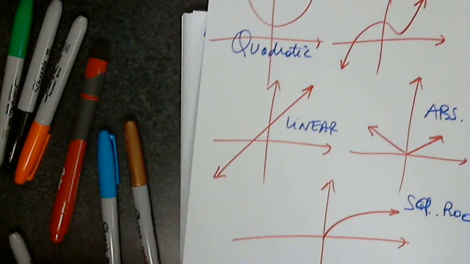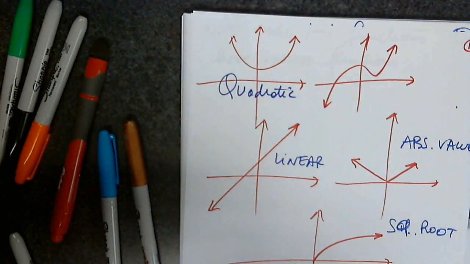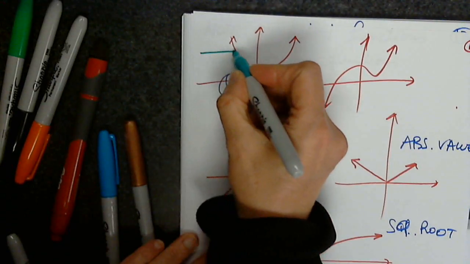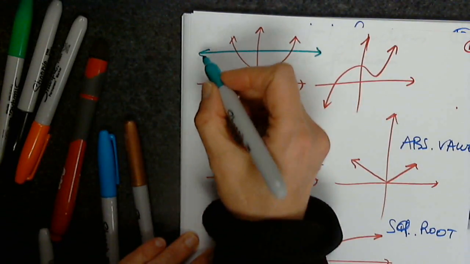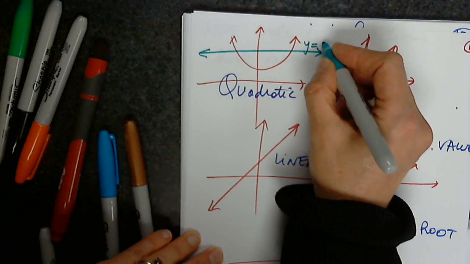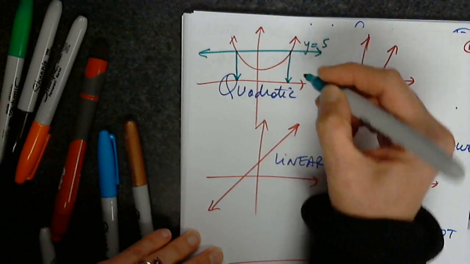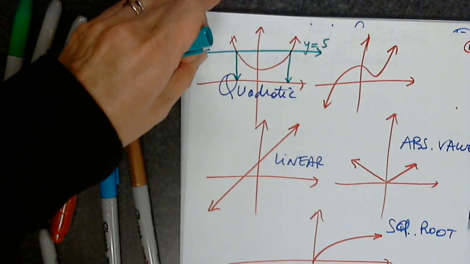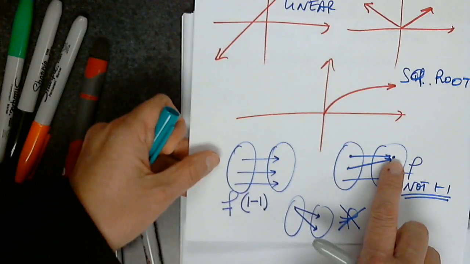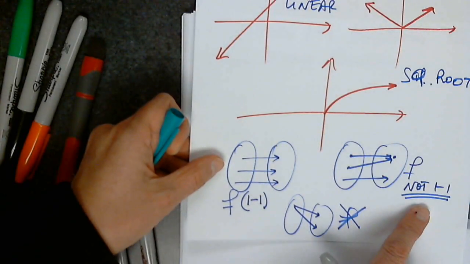So coming back to our graphs, I know this is a function, but now I'm testing whether it's one-to-one. For this y value, let's say 5, how many x values do I read? 2. So for this y value, I read 2 x values. Is it one-to-one?